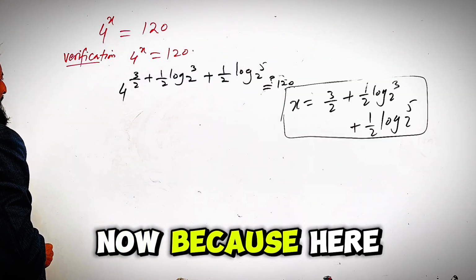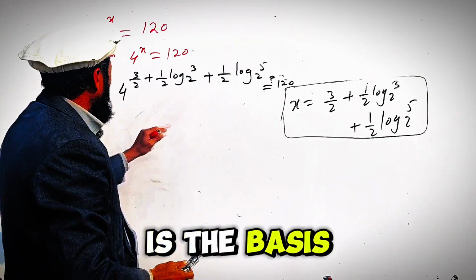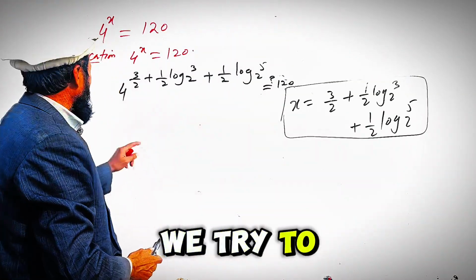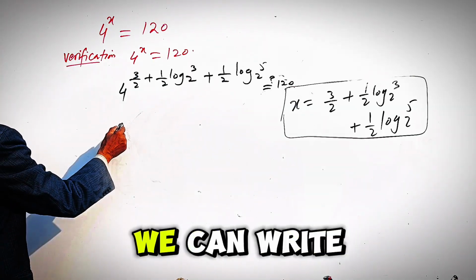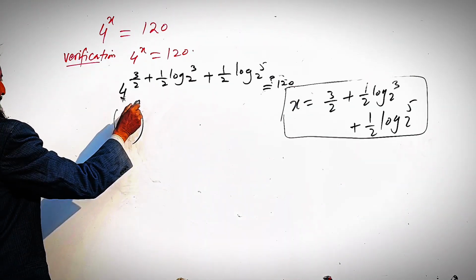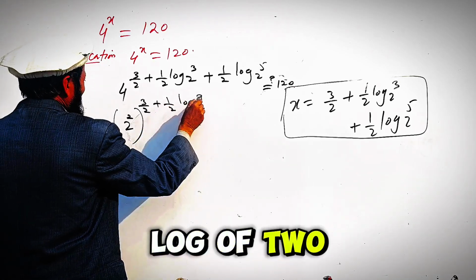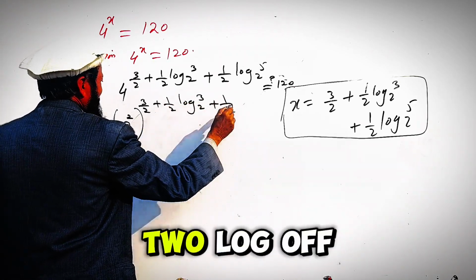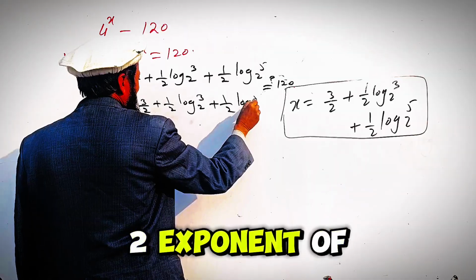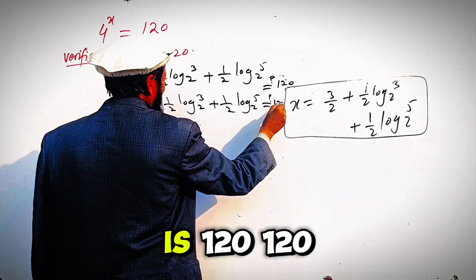Now because 2 is the base in the logarithm, we try to make this a factor of 2. We can write 2 exponent of 3 by 2 plus 1 by 2 log of 2 exponent of 3 and 1 by 2 log of 2 exponent of 5, is it 120?